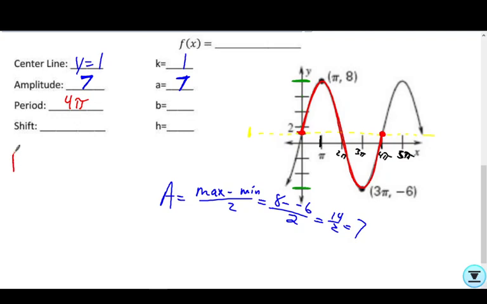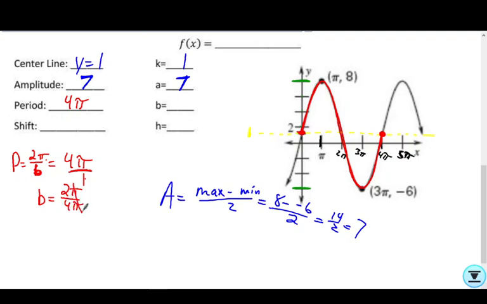So again, before we know that period is 2 pi over b, and in this case it is 4 pi. So we're solving for b, and the easiest way of doing this is setting up a proportion, putting this over 1 and cross multiplying. So 2 pi times 1 divided by 4 pi, so b is 2 pi over 4 pi.